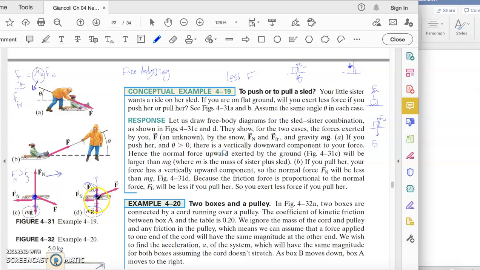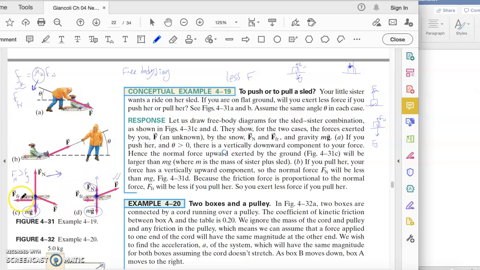So in which situation do we need less force? To push or to pull? It is to pull. Pulling, you will basically need less force to move the sled. Again, why? We have discussed the Mg and the Fn situation.